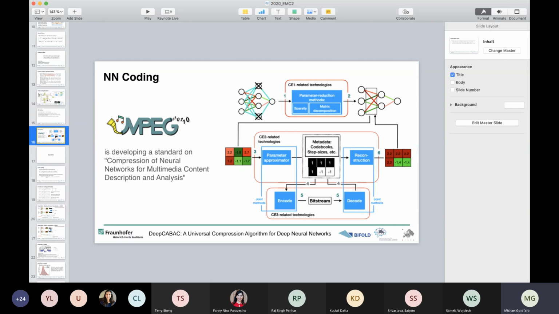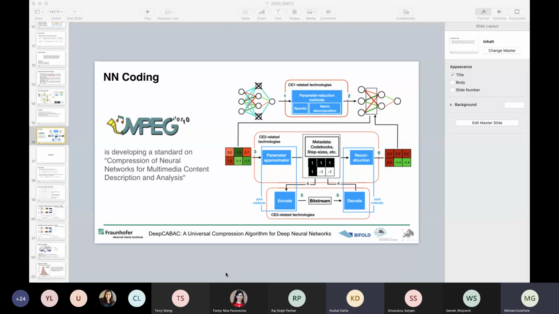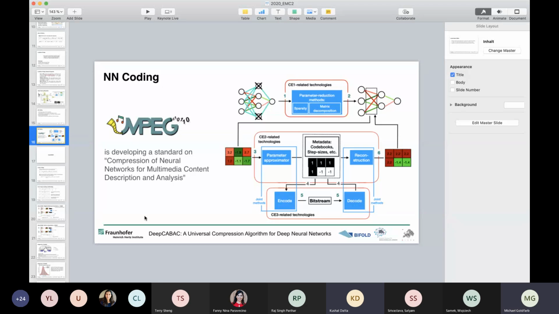I think Kushal had another question. Thanks, Michael. So my question is on the standardization. Sam, our first keynote, talked about how they are exploring different data types on FPGAs.